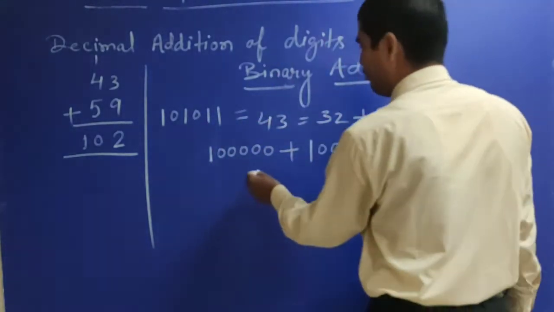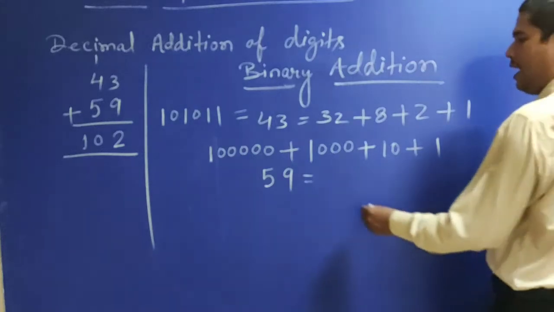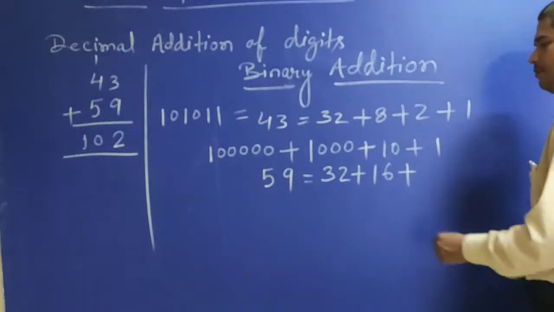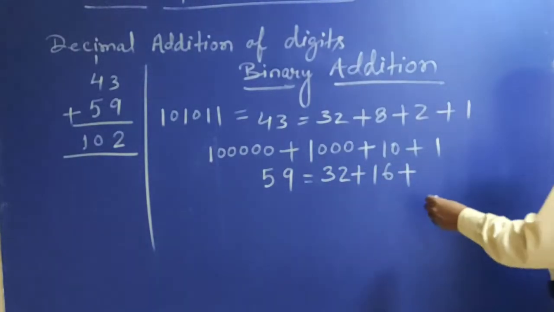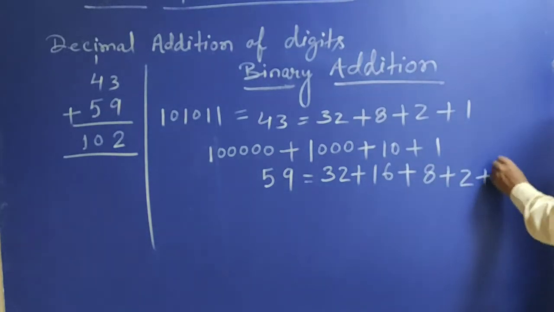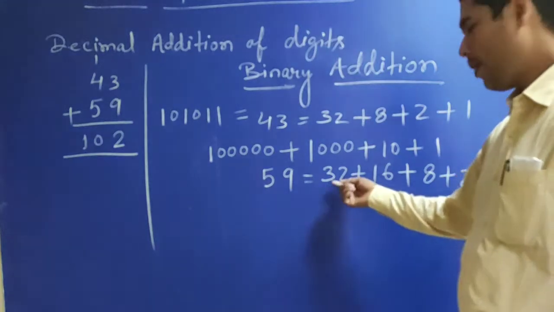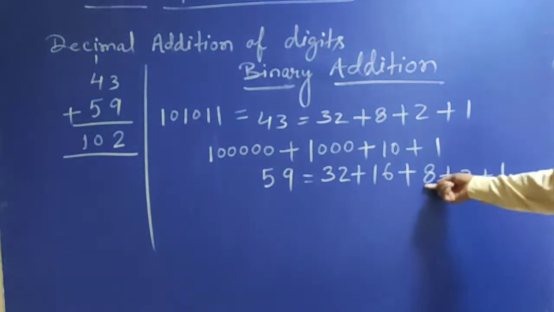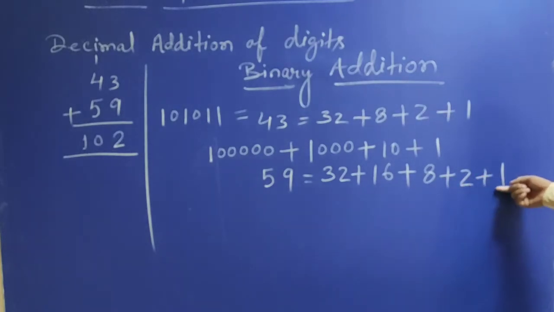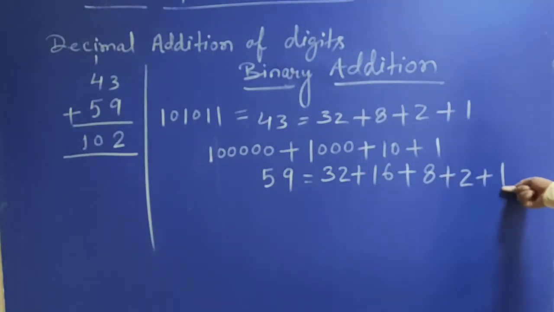Now the next number is 59. We write 59 as 32 plus 16, which is 48, plus 8 is 56, plus 2 is 58, plus 1 is 59.